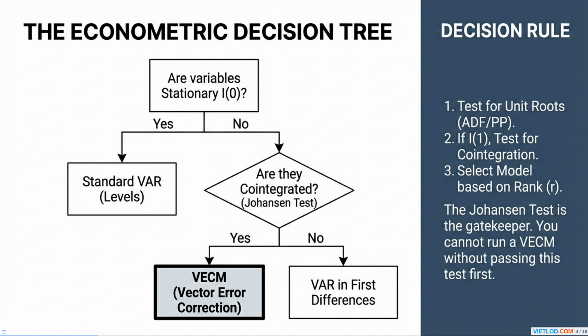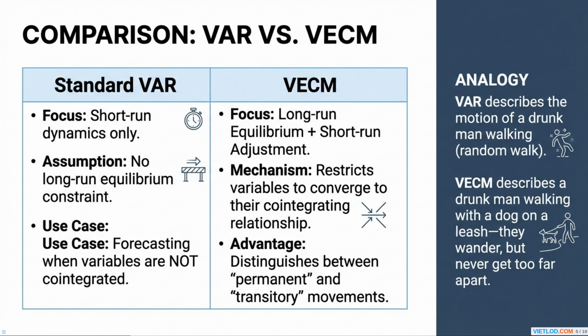If the variables are non-stationary, I(1), we must then test for cointegration using the Johansen test. This test is the crucial gatekeeper for using a VECM. Based on the Johansen test results, if we find cointegration, we must use a VECM. If there is no cointegration, we must use a VAR model on the first differences of the variables to achieve stationarity.